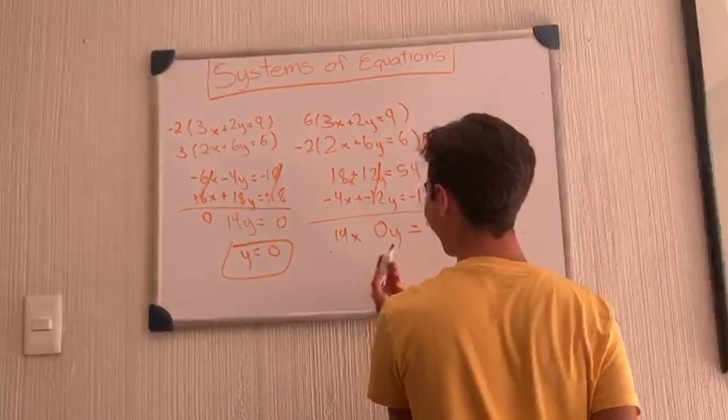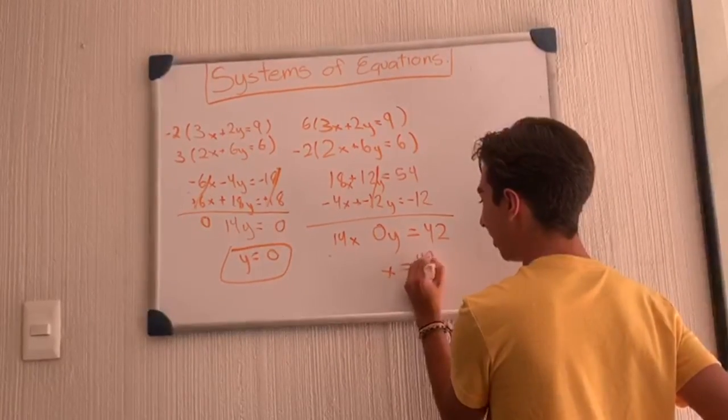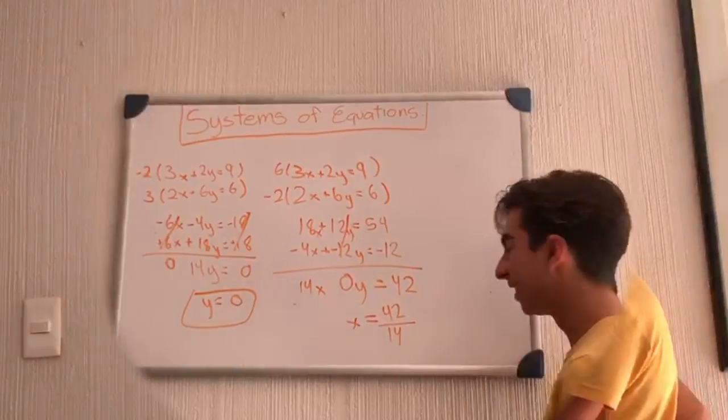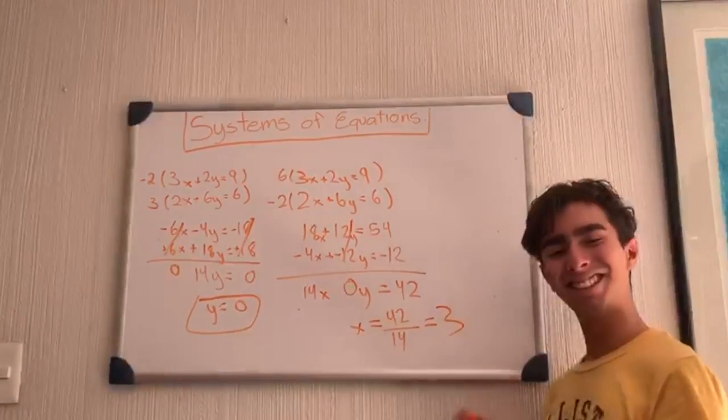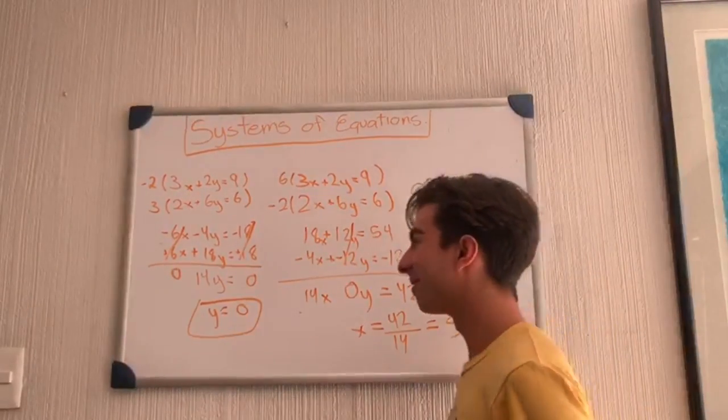So x is equal to 42 divided by 14, so it's 3. And this is the elimination method. Now we're going to do the next one.